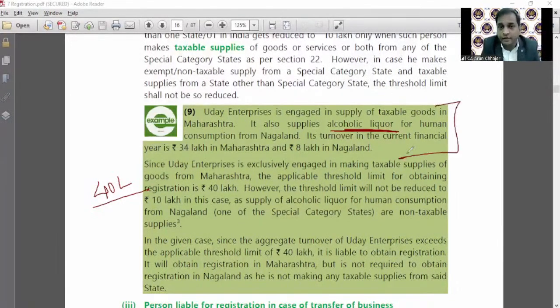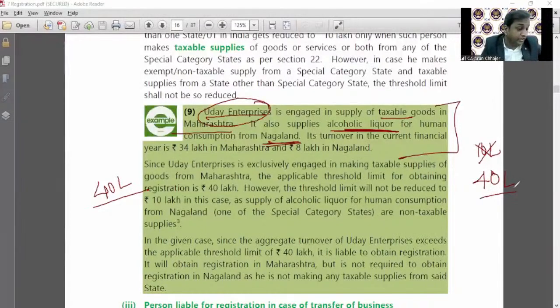My question is, what would be the threshold limit for Mr. Uday Enterprises? Because Uday Enterprises is providing taxable supplies from Maharashtra, non-taxable from Nagaland. So the limit would not be 10 lakh rupees, the limit would be 40 lakh rupees. Give me your confirmation. Very important from the examination point of view. Is it clear? Kindly confirm.